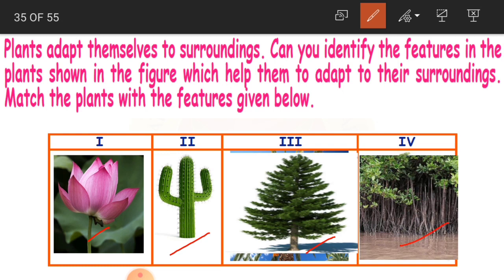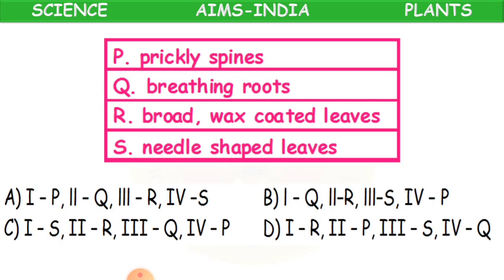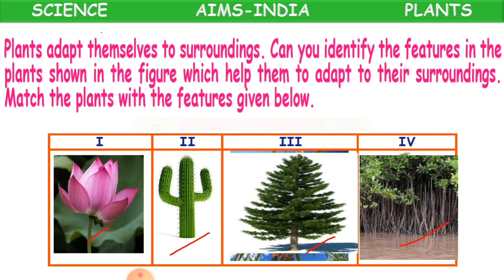So now we have to match the plants with the features. P refers to prickly spines, Q refers to breathing roots, R is of broad wax coated leaves, and S is of needle shaped leaves. Now we have to match them.